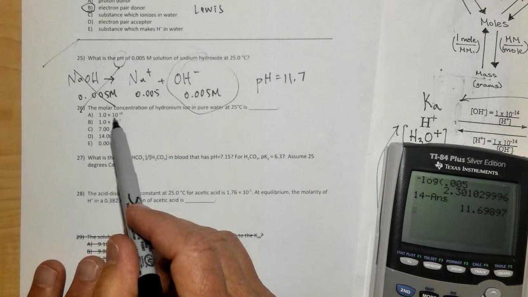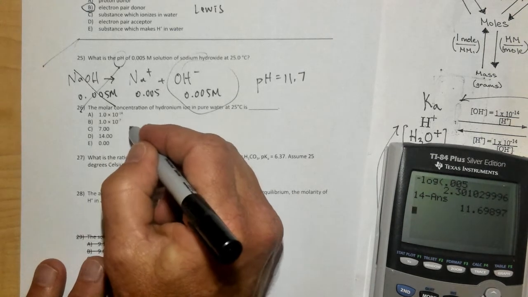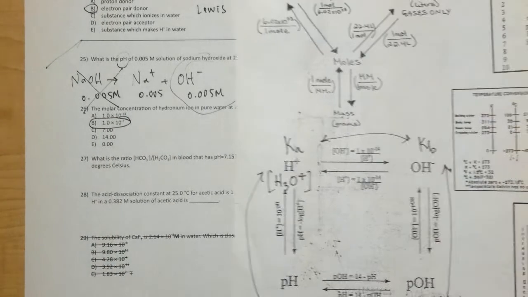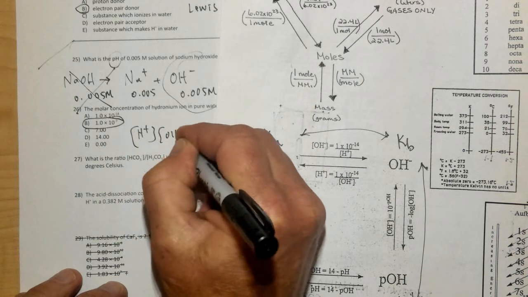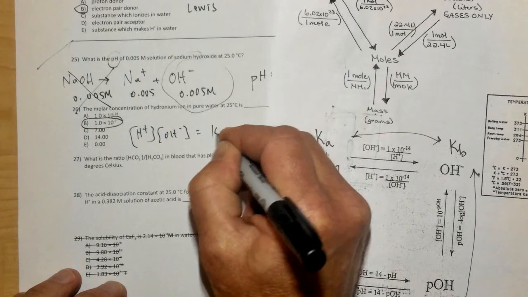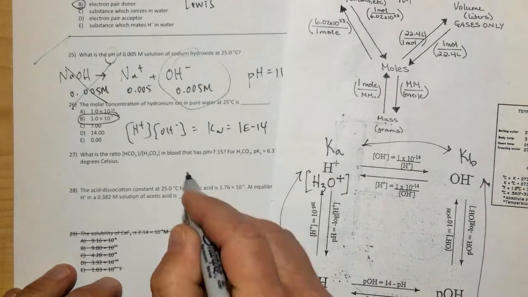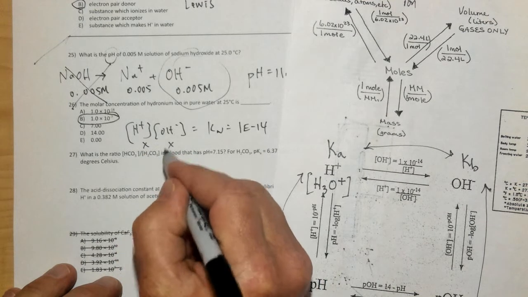Number 26, the molar concentration of hydronium ions in pure water is 1 times 10 to the negative 7th. You know that from the Kw equation. You know that H plus times OH minus is equal to Kw, which is equal to 1 times 10 to the negative 14th. And so if they're equal to one another in a neutral water solution, you can call this x and this x.